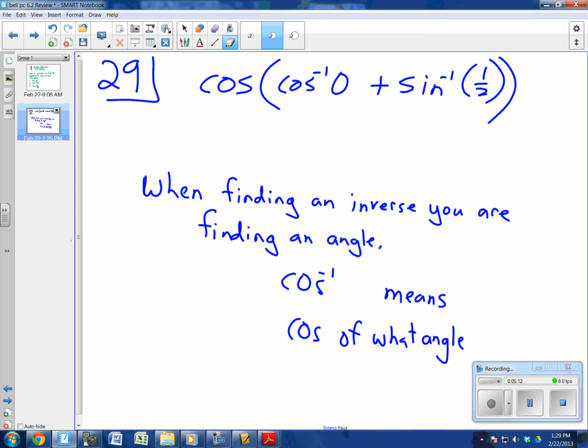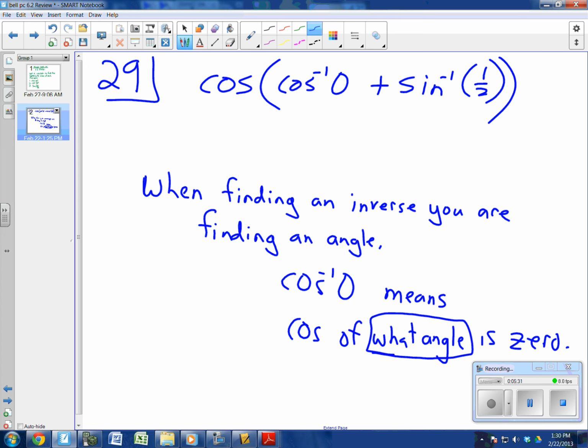Cosine inverse of 0 means cosine of what angle is 0. That's what it means. Cosine of what angle is 0? We're looking for an angle. That's the key. What angle gives me a cosine of 0?